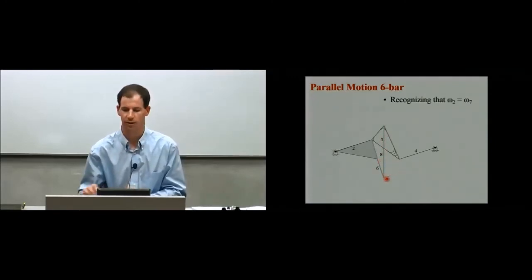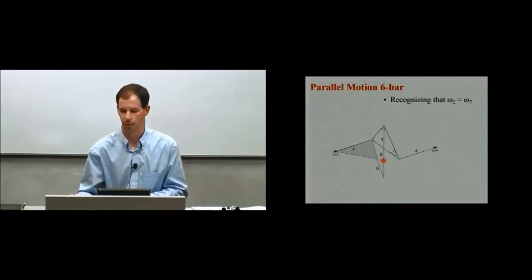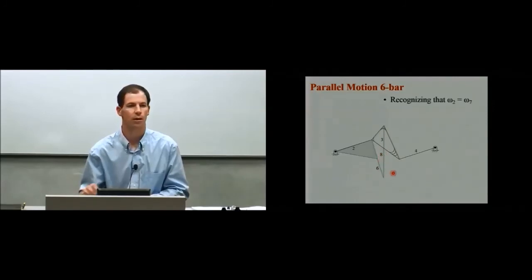So I'll collapse that down. Link 6, which used to be part of the coupler curve, part of this lower red coupler, has now collapsed down. And so this link that's labeled 8 right here ends up becoming our parallel motion link. And so now we're left with a 6-bar mechanism, ground being 1, 2, 3, 4, and then 5, 6. 5 being what's labeled 6 here, and then 6 being this parallel motion component.